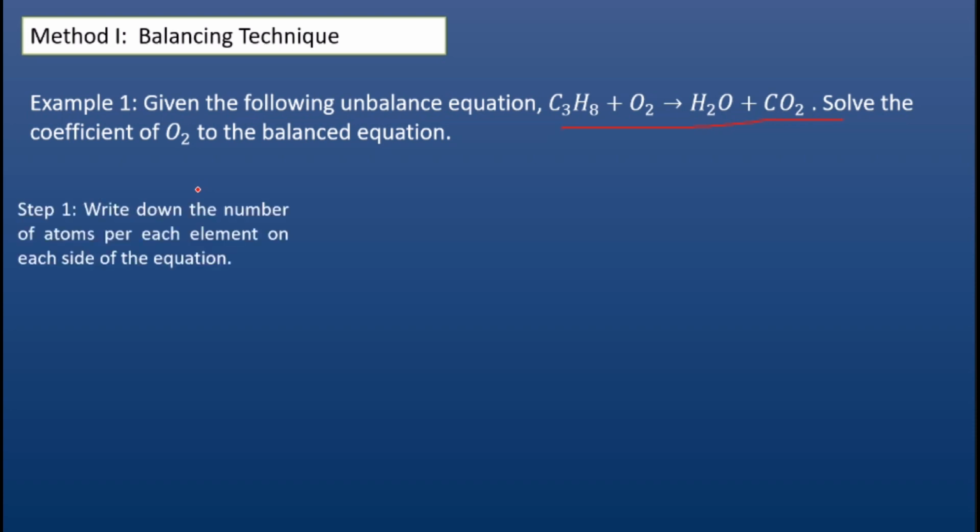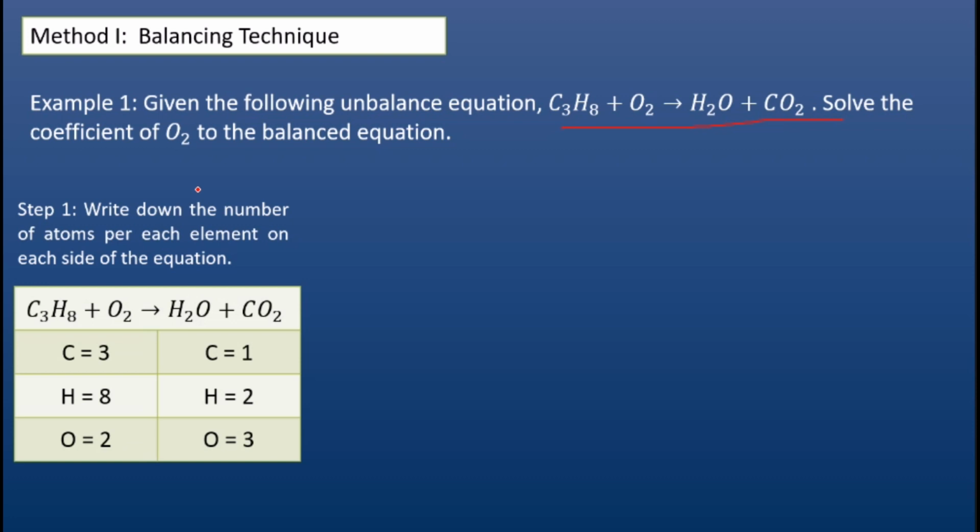For step 1, we write down the number of atoms per element on each side of the equation, so we create a table. For the left side, carbon is 3, hydrogen is 8, and oxygen is 2.